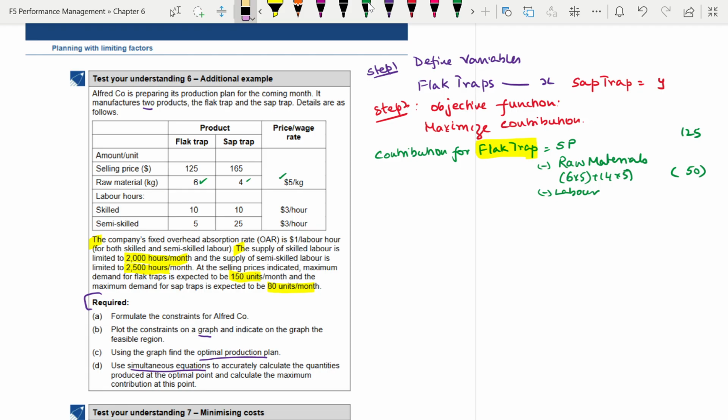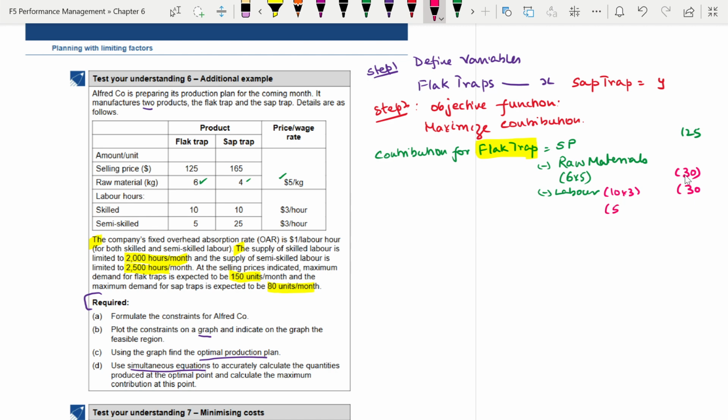125, 6 times 5, which is 30. 10 times 3 is 30. There are two things: skilled is there, semi-skilled is there.